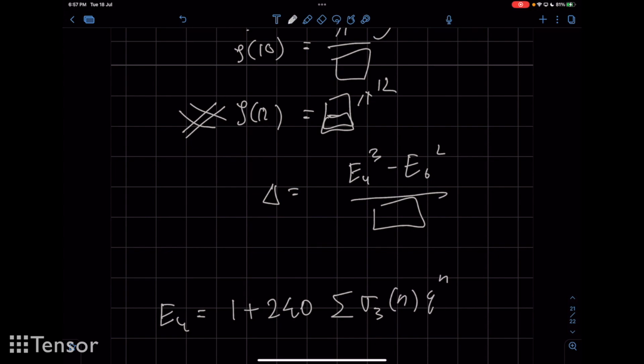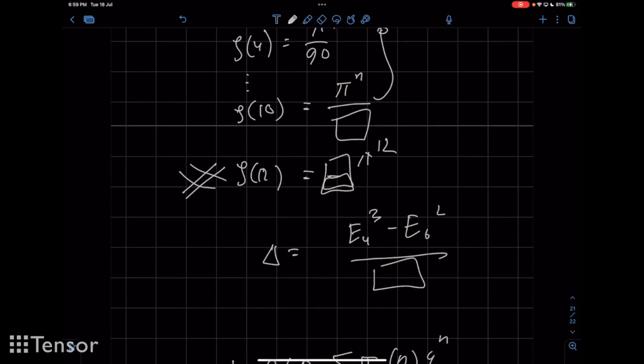If I divide by 240, all these coefficients are integers, but the first coefficient is not an integer. I suspect there's some deeper reason behind this. Why is 12 the first number? 12 is everywhere in the study of modular forms.